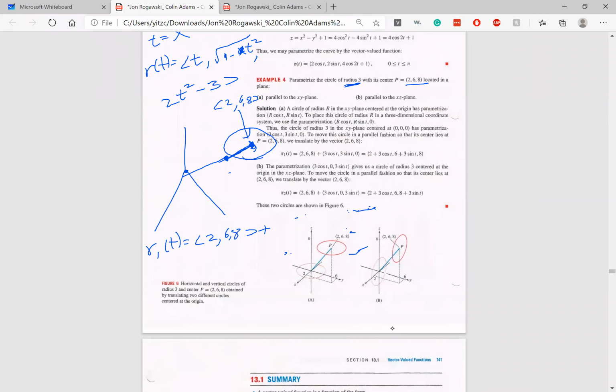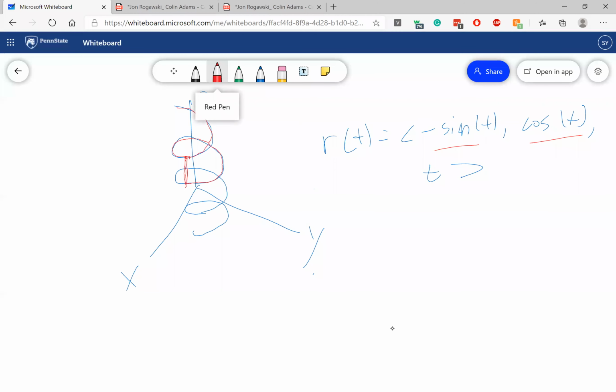So before, when we were looking at this and we said, okay, this squared plus this squared is equal to 1, what we can also do is have r of t equal, and now if I, let's say, put here 3 cosine of t, 3 sine of t, and t.